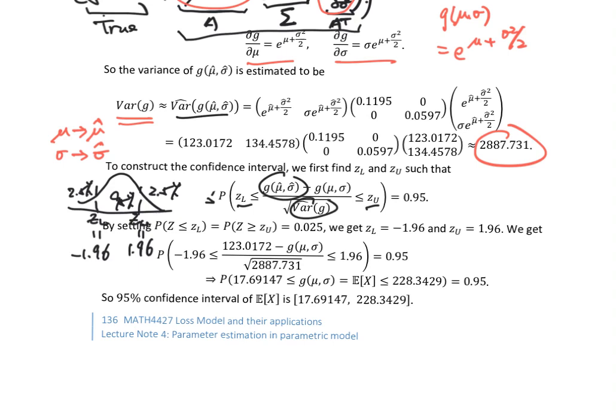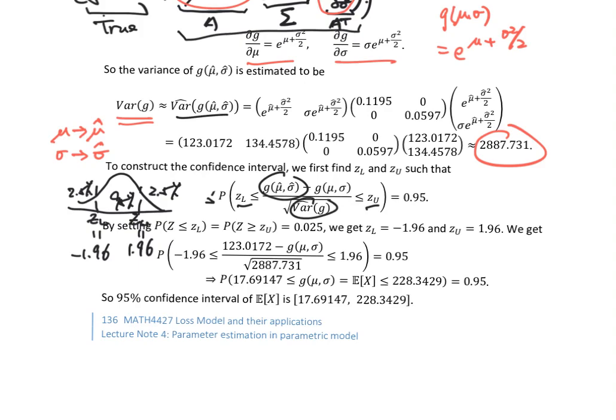So this is just another example of how you find your confidence interval for a function of parameters when you have multiple parameters. Personally, I would say the procedure is essentially identical to what we did for the single parameter case.